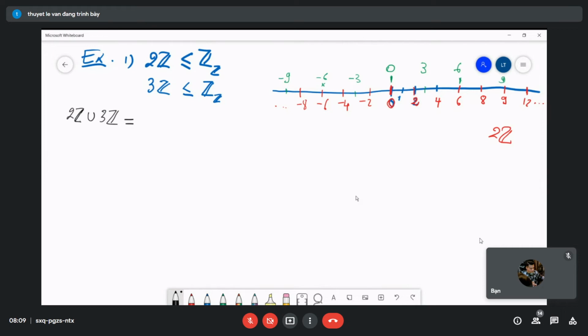Here is 9, here is 8, here is 6, here is 8, here is 9, here is 10. Sorry, 8, 10 here. And so on, okay.